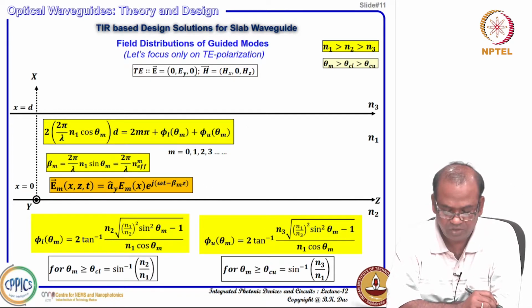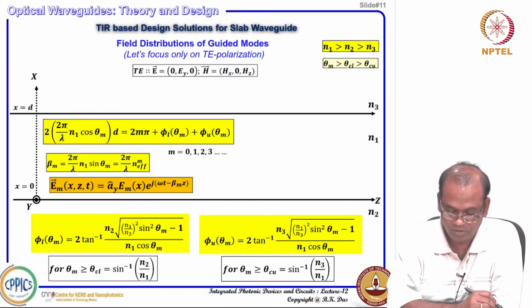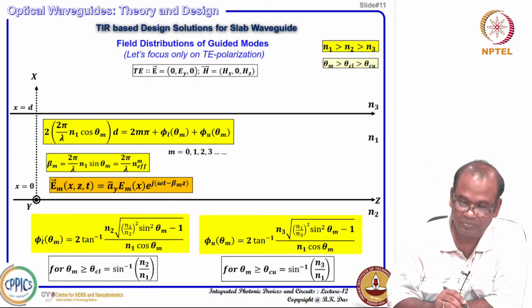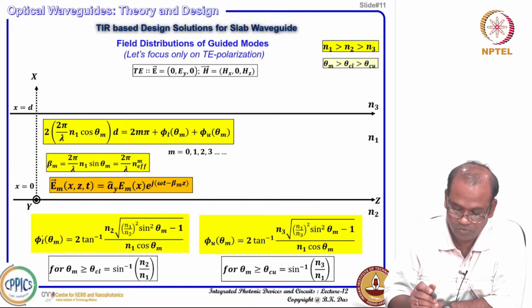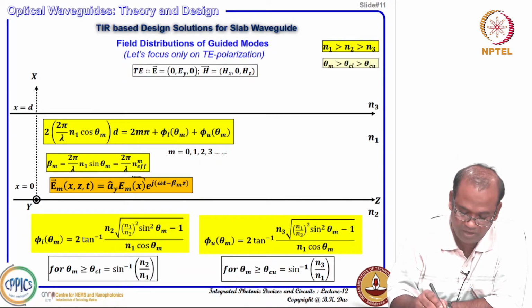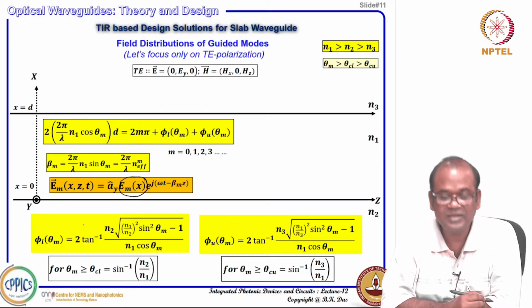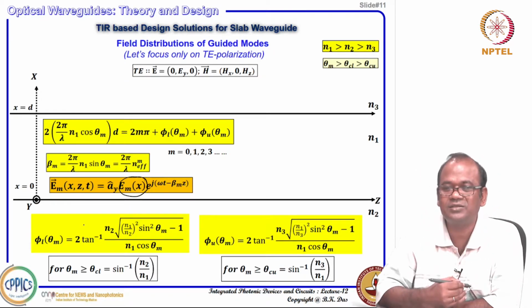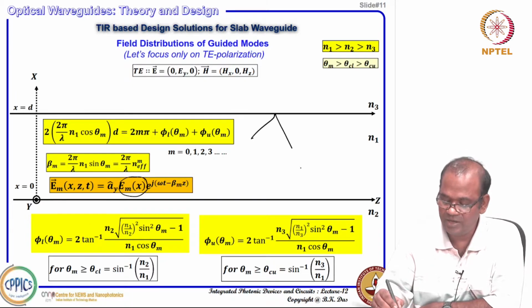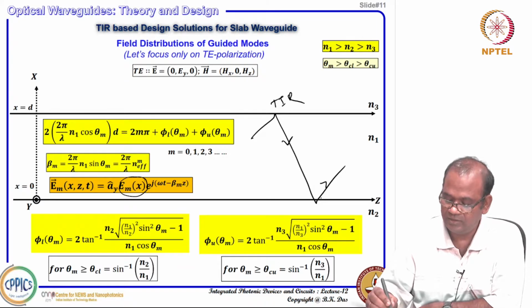Next, let us see what the solution for the guided mode is. Because it is a mode, I can expect a well confined, well defined distribution along the x direction, because along the x direction you get total internal reflection here and also here. TIR happening here and TIR happening here.